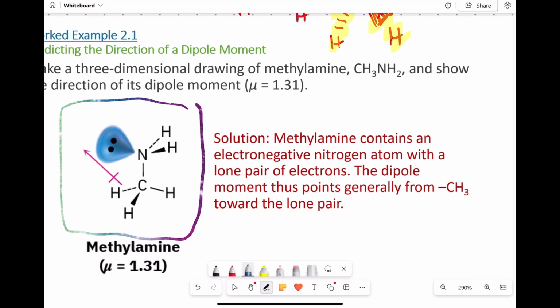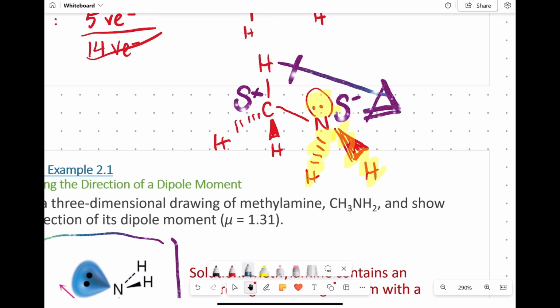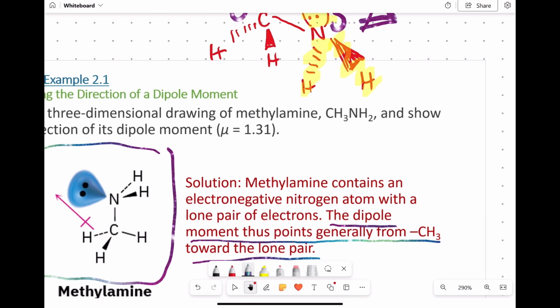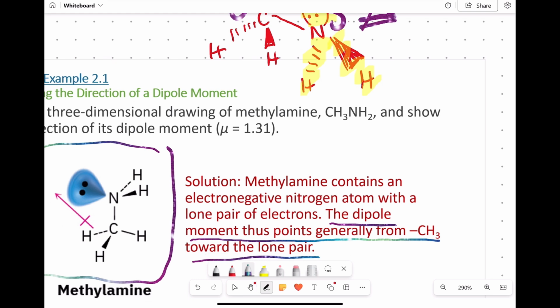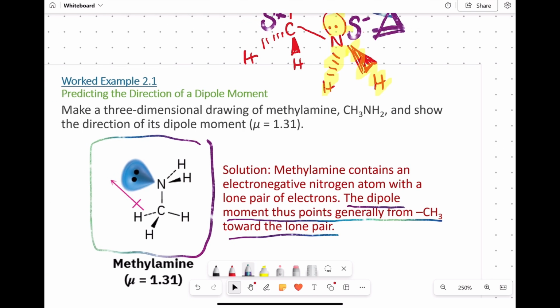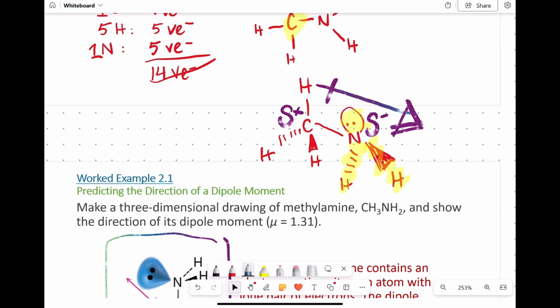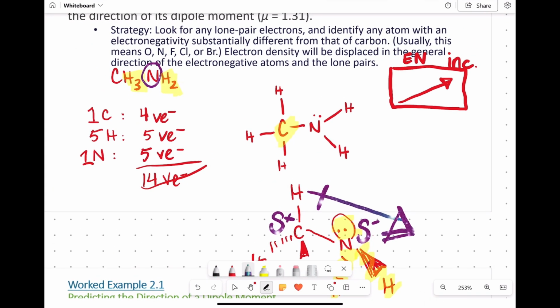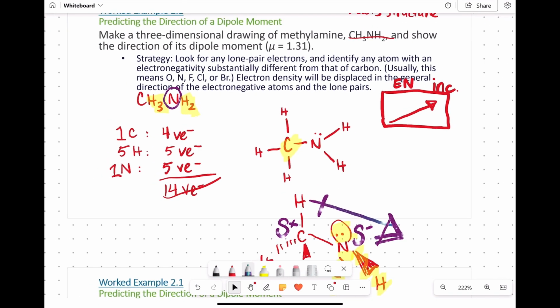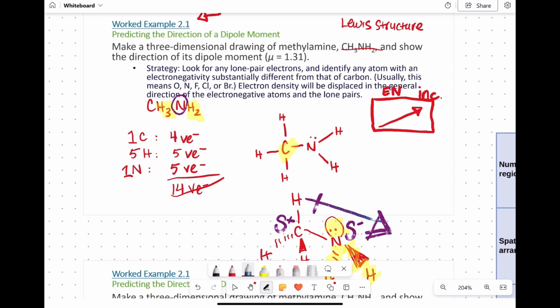And that's mainly what we wanted to figure out. The dipole moment points generally from the CH3 to the lone pair. That's exactly what we did. So overall here, again, what we were trying to put together was what we reviewed from last time, which was drawing Lewis structures, right?